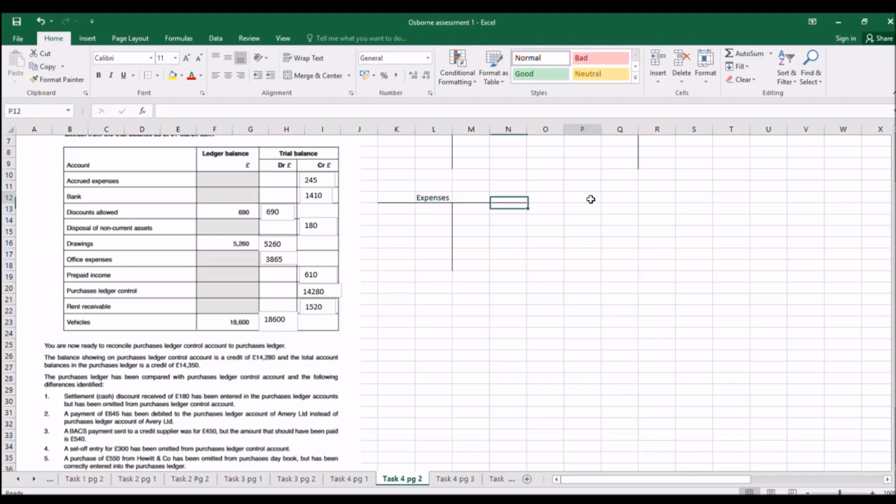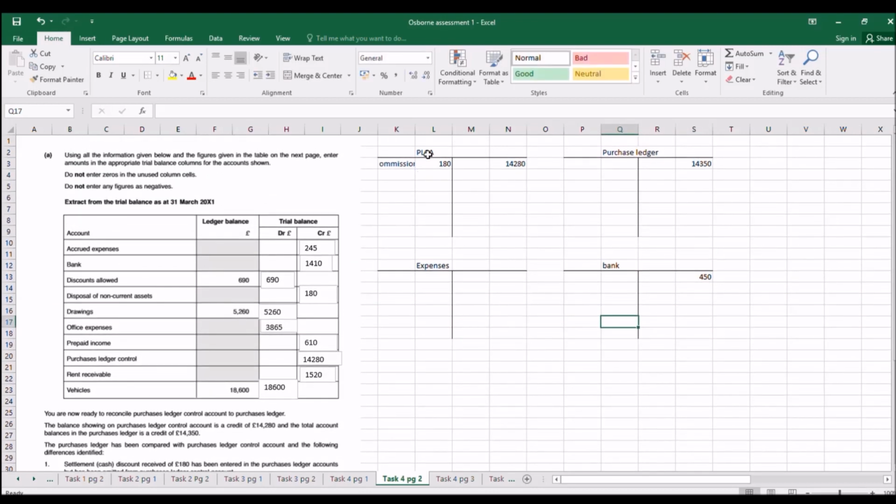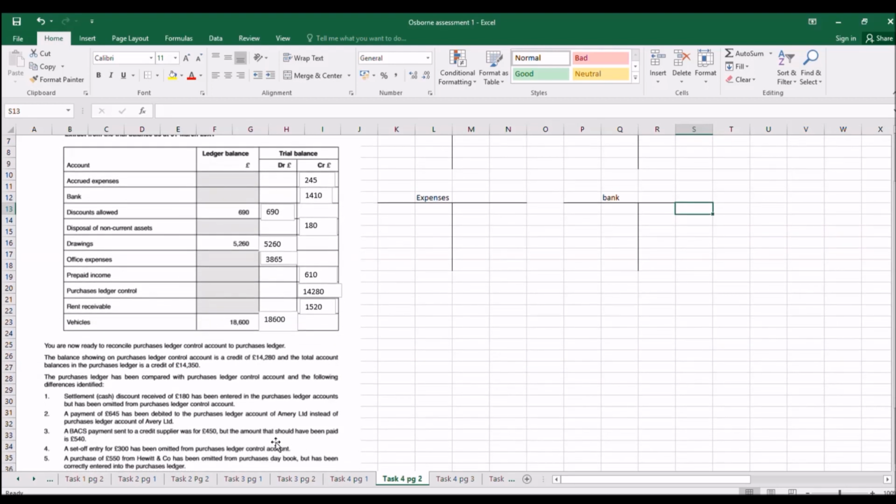So what we did here was we went in our bank, we went credit bank 450, debit purchase ledger control account 450, and that would be what we would do before we got to this 14,800 there. But that's just what's happened. It's not really an issue. We just paid the wrong amount, but it's not a double entry bookkeeping problem.